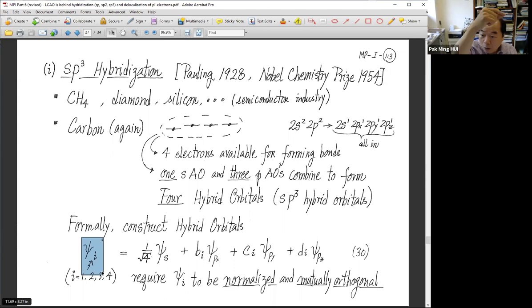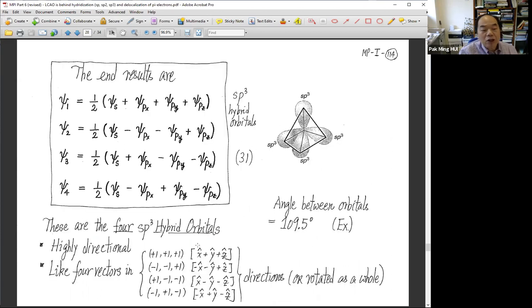So you have many orthogonality conditions that will be sufficient for you to solve for all the remaining coefficients. I'm not going to repeat this here. I'll just write down the result for you. So this is the result.